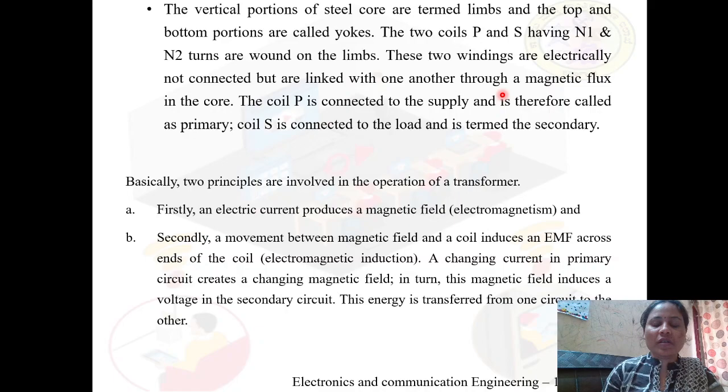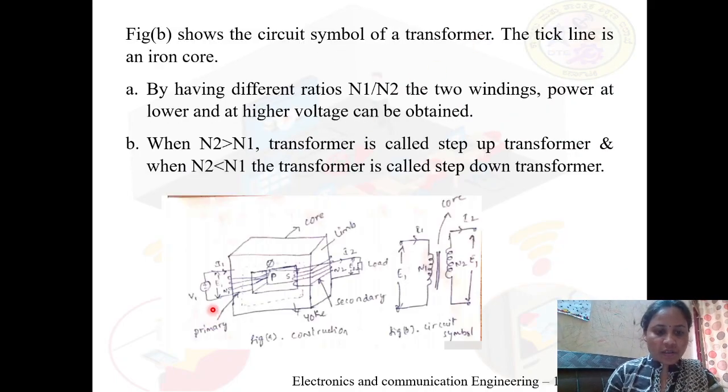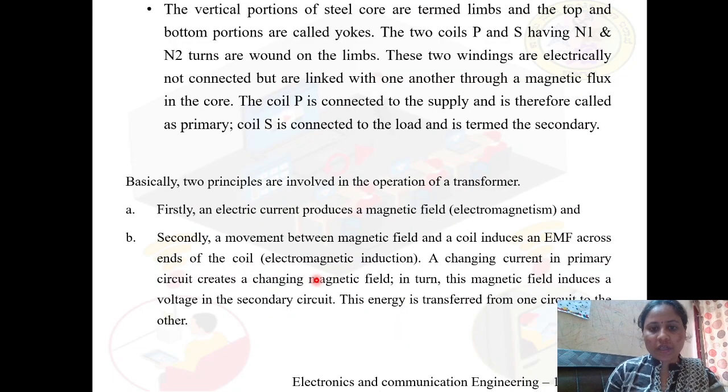We call the windings primary and secondary because the winding given to the supply is named primary, and the winding to which the load is connected we call secondary.